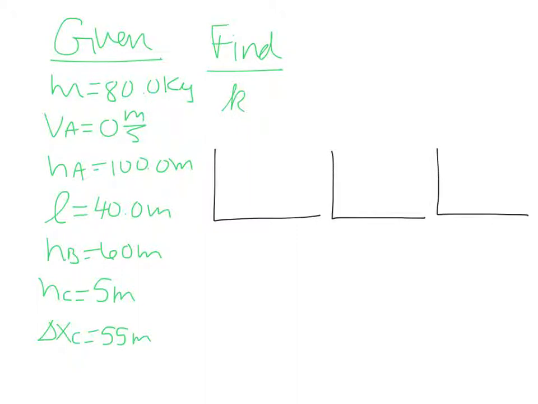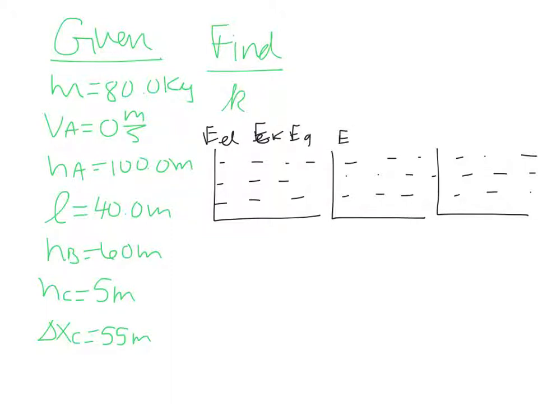So we'll look at A, B, and C. Each has EEL, EK, EG.